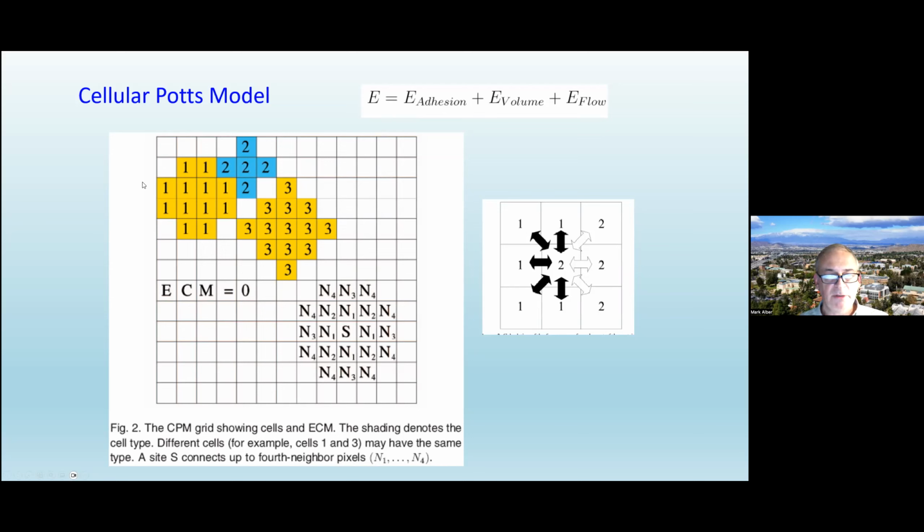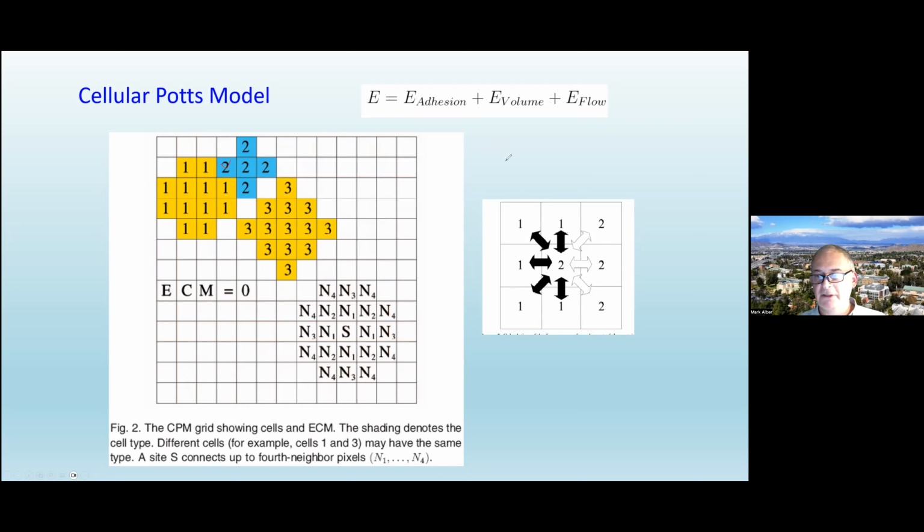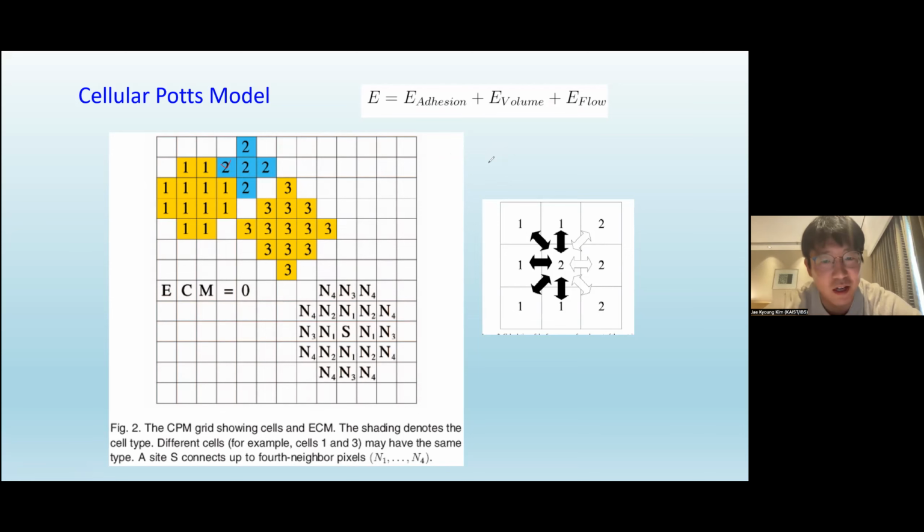And can you see my cursor? I'm not, no, we can't. Can you move a little bit? No, unfortunately, we cannot see. Maybe. I annotated it. Yeah, maybe you can click the left bottom of the PowerPoint and you can change it to the laser point. Then maybe we can see more clearly.